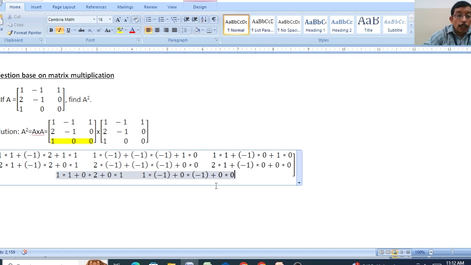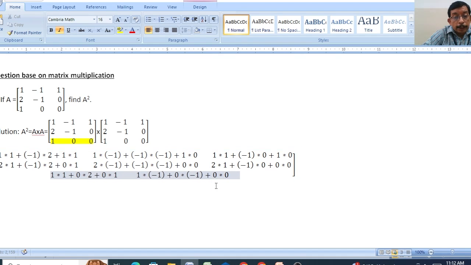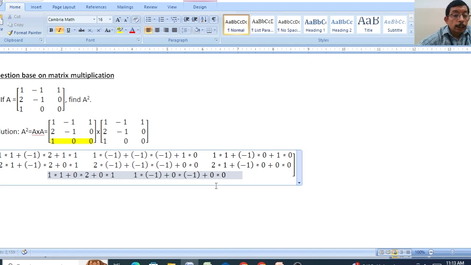Now we come to the last column of this matrix. This is the last element of this matrix: 1 multiplied by 1, plus 0 multiplied by 0, plus 0 multiplied by 0. Then the last row multiplication is complete.